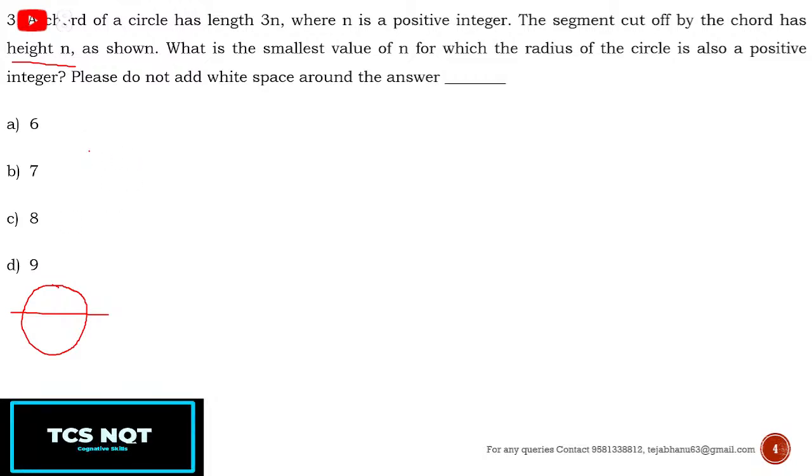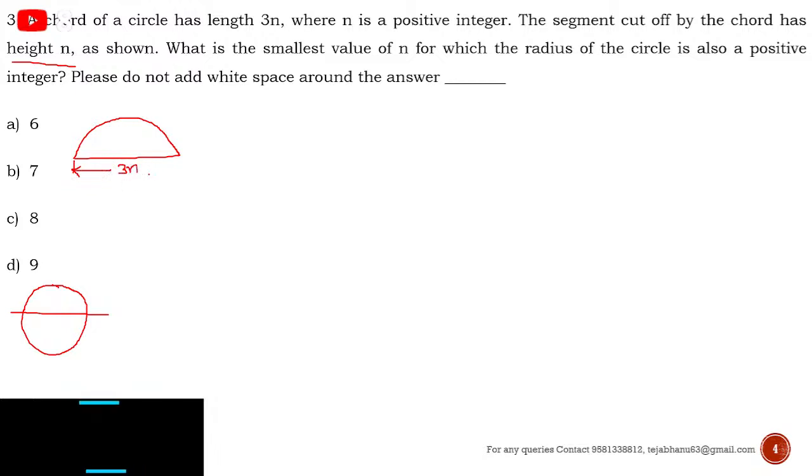He is giving a chord which divides the circle into two parts. The length of the chord is 3n. That is what is given.